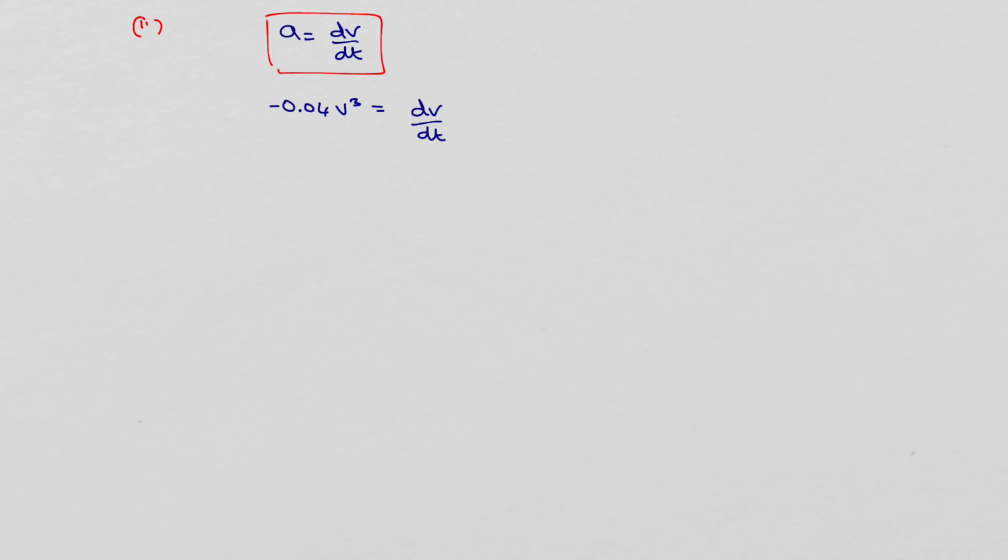Again, if I rearrange that, dividing both sides across by v cubed, I get 1 over v cubed dv, and multiplying both sides across by dt, I get minus 0.04 dt. Then I'm going to integrate both sides. 1 over v cubed I can't integrate, so I'm going to write that as v to the power of minus 3. Now if I integrate, I need to look at my limits. What do we know at the start and at the end?